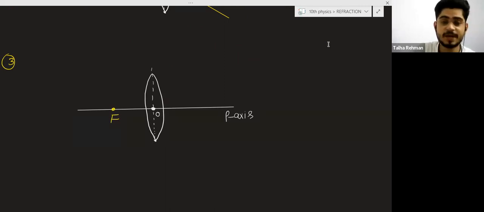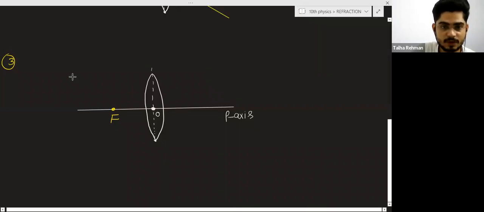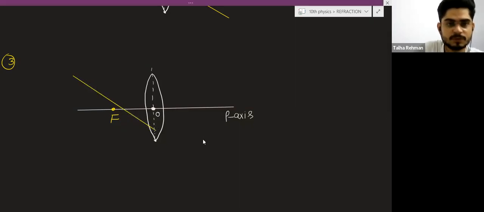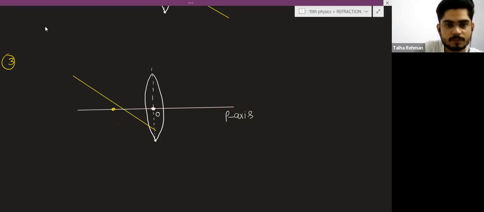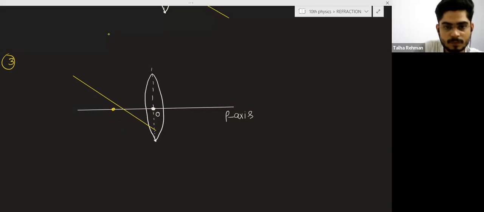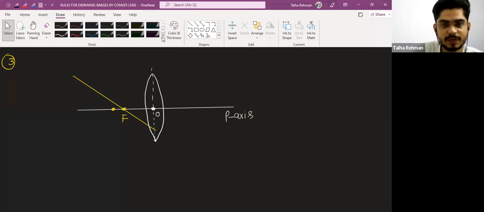And if a ray of light is passing through the focus, suppose the ray of light is like this, what will happen after refraction from the lens?